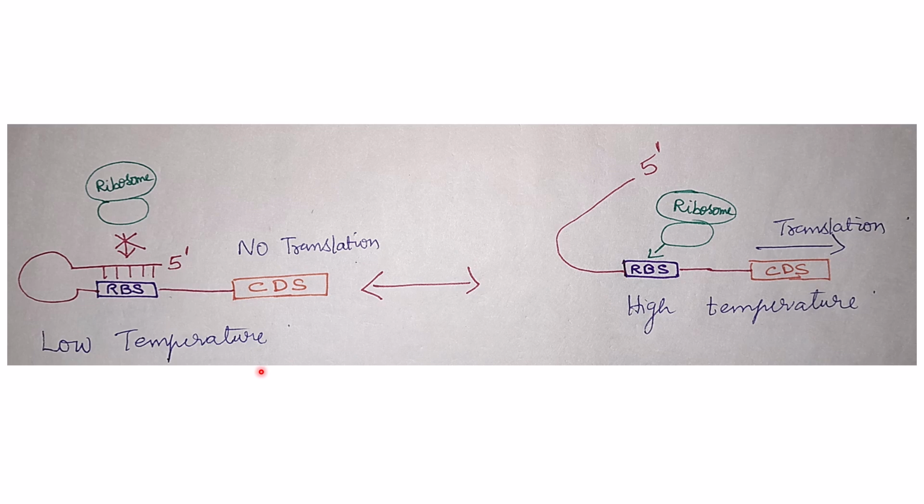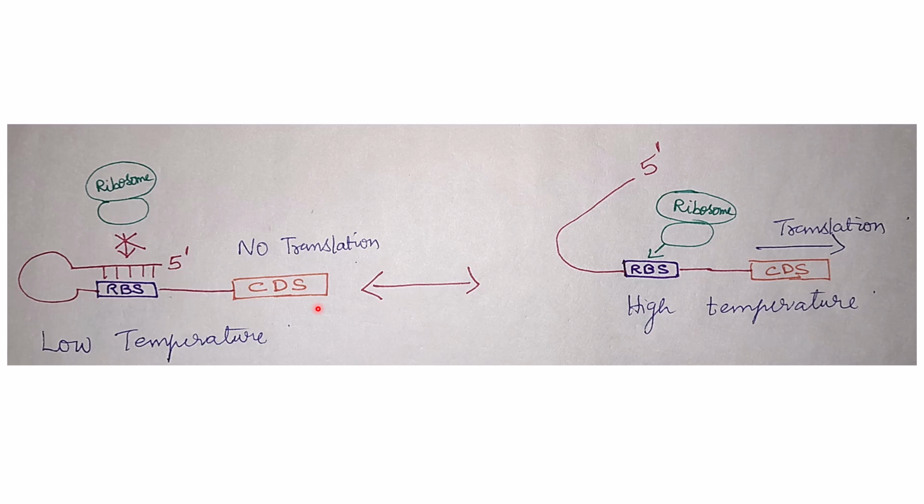Now cis-acting regulatory elements are located on the same mRNA sequence that is involved in the synthesis of a gene. That is, the same mRNA sequence which is involved in the synthesis of a particular gene will have this cis-acting element located somewhere near the 5' UTR region.